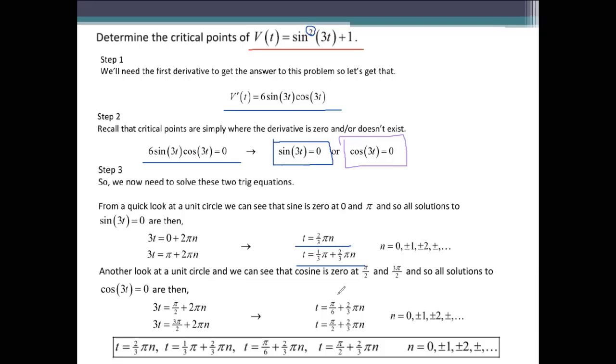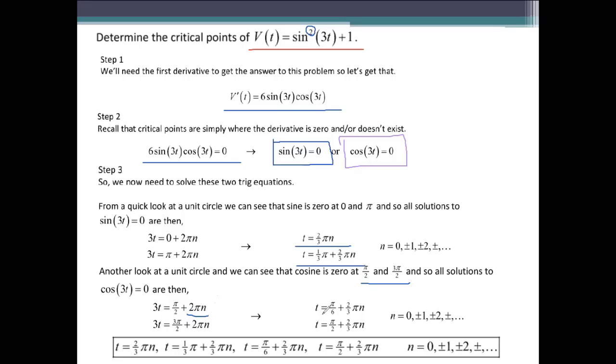Cosine 3t: cosine is 0 when the argument is pi over 2 and 3pi over 2. So let's put it into our equation: 3t equals pi over 2 plus 2pn. Of course, again, we need to add the period of the function, 2pn, and the next one is 3pi over 2 plus 2pi n.